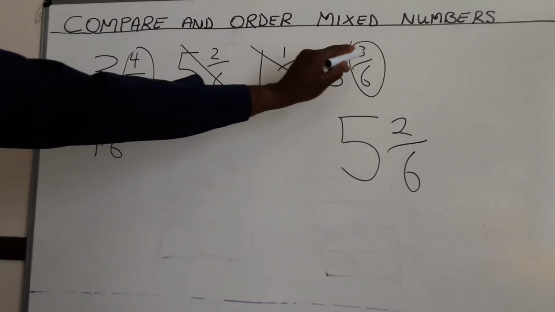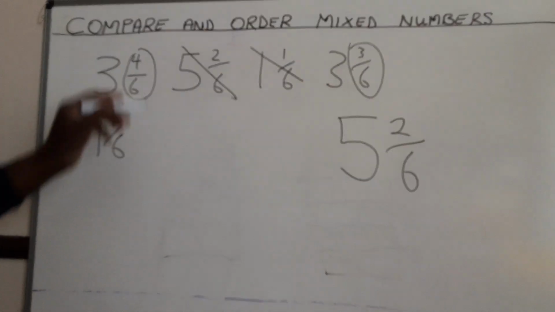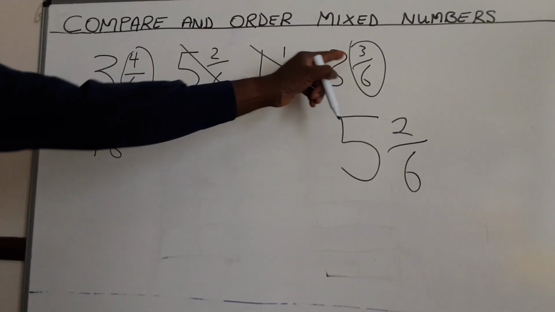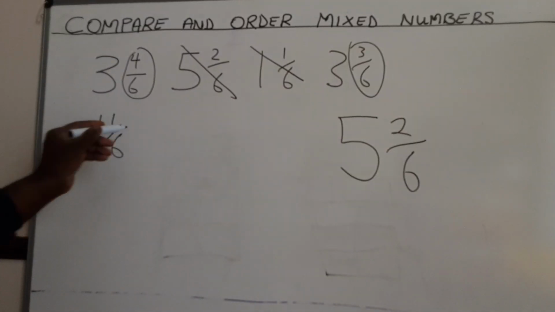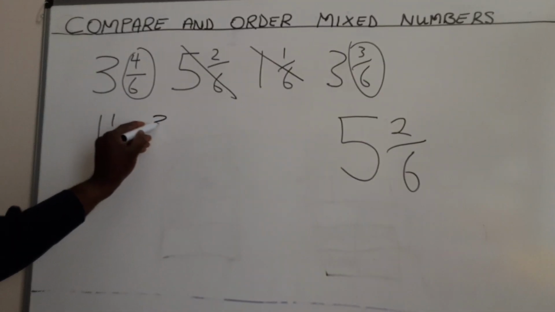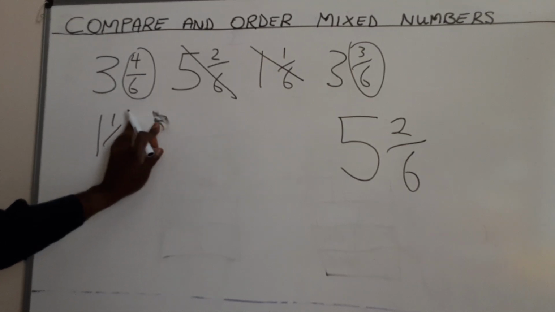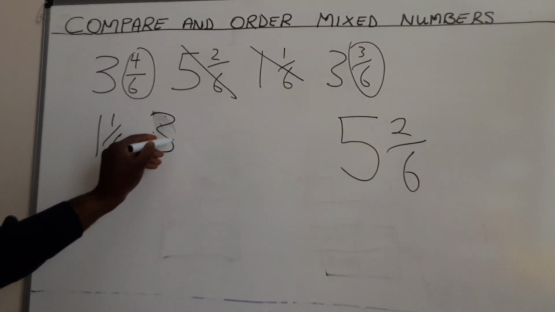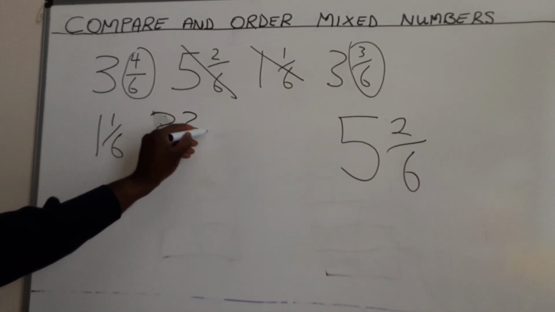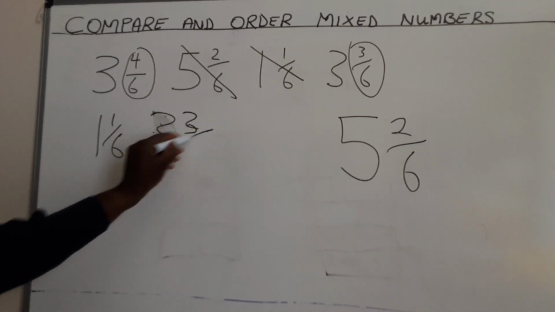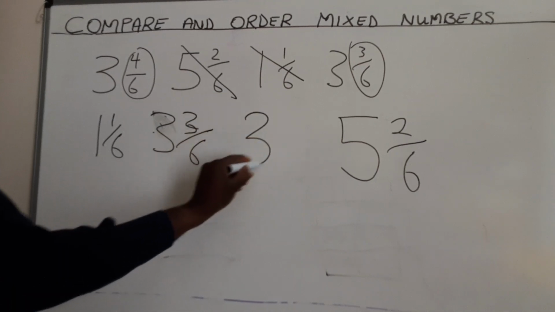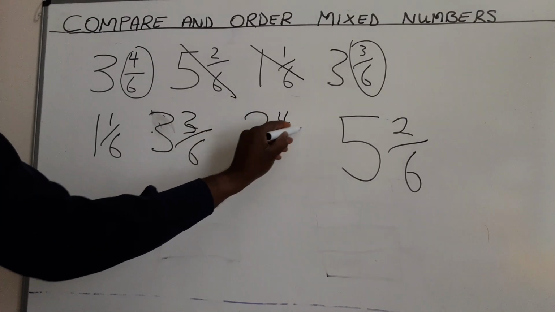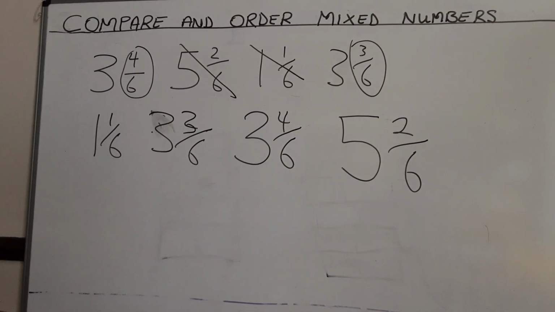So we can see that, comparing 3 and 4, the numerator 3 is smaller. So we can put it here. So we have 3 whole and 3 over 6. Then comes 3 whole and 4 over 6.